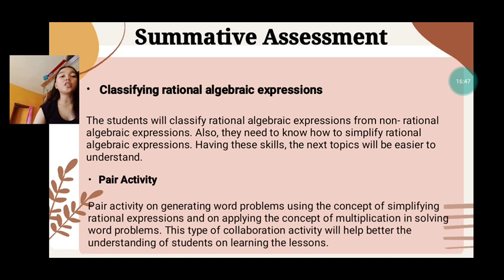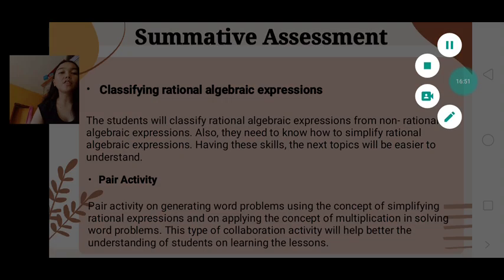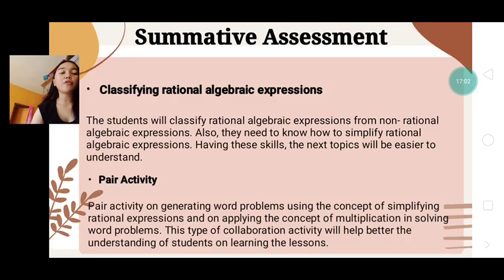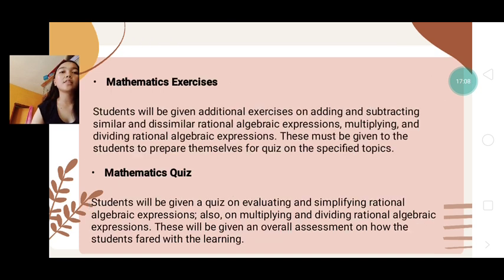So, pair activity on generating word problems using the concept of simplifying rational algebraic expressions and on applying the concepts of multiplication in solving word problems. This type of collaboration activity will help better the understanding of students on learning the lessons.